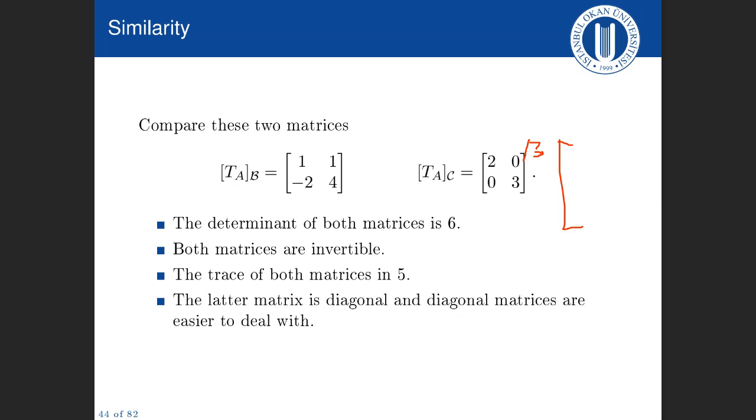It's just 2 to the power 13, 0, 0, 3 to the power 13. Very quick. But if I said find the first matrix to the power 13, then that would be a long calculation to do. So hopefully that motivates the ideas in this section.